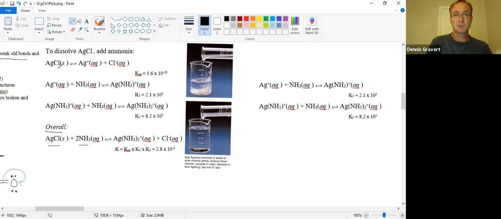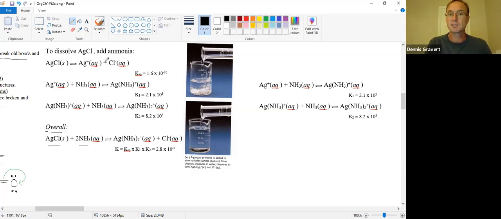Well, the proposed mechanism, the step-by-step process, is first silver chloride is generally insoluble, but there's an equilibrium where a little bit of solid can spontaneously dissolve. And you know it's reversible. These 2 ions, the cation and the anion, can actually stick back on the crystal, or it can start a new crystal.